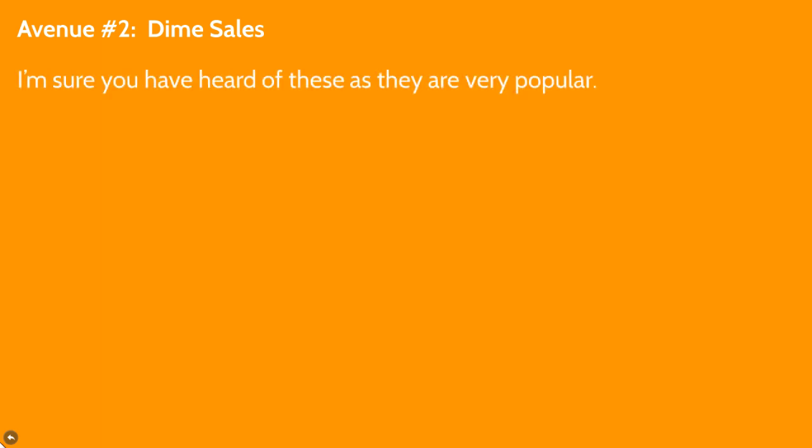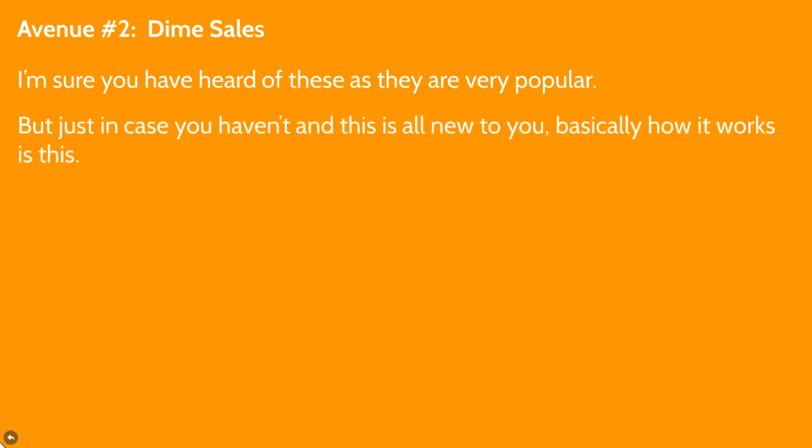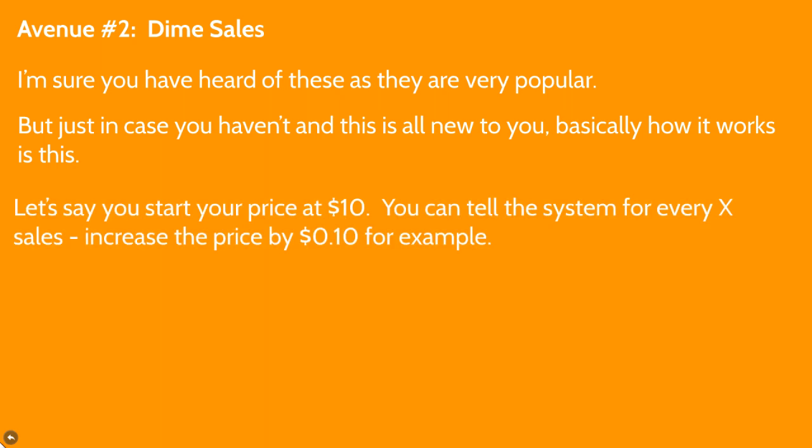The next avenue, number 2, which you can take, is dime sales. I'm sure you've heard of these as they're very, very popular. But just in case you haven't and this is all new to you, basically this is how it all works. Let's say that you start your price at $10. You can then tell the system for every X sales, you can increase the price by a dime, basically 10 cents, for example.